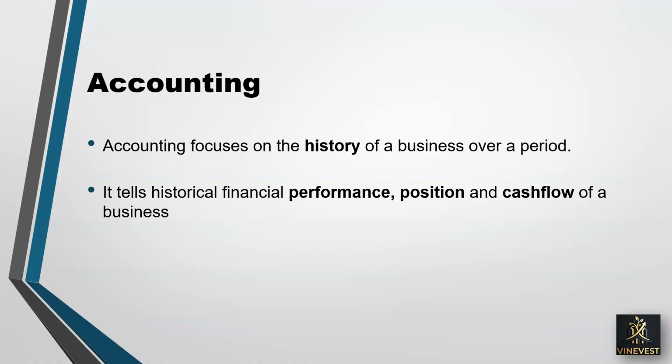So accounting focuses on the historical aspect of a business, what has happened. We want to know what has happened. Accounting records what has happened over time. And it also tells historical financial performance, the historical position, and the cash flow of a business.